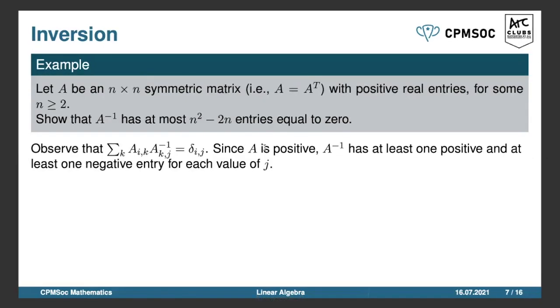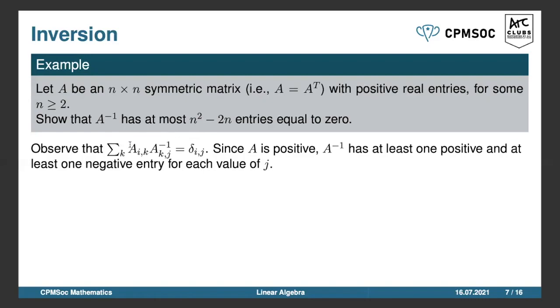And because we know that A is a positive matrix, if you think about A inverse, for each value of j, so for each column in the identity matrix, we have to have some value of i where this sum is 1, and some value of i where this sum is 0.